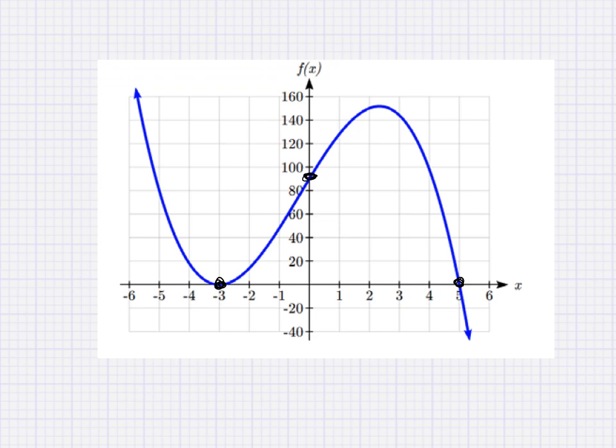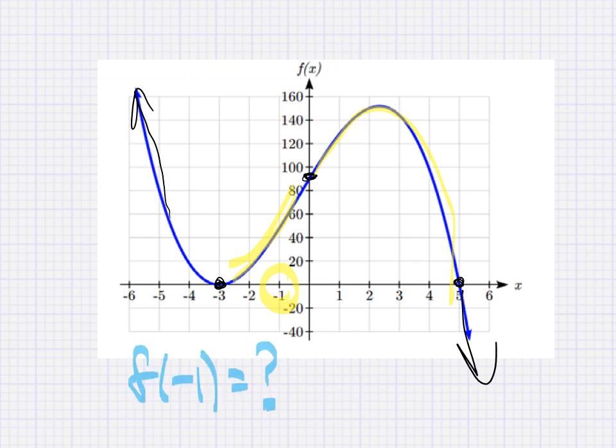So what I would typically say is I knew on this end I had to point up. I knew on this end I had to point down. But I really don't know what was going to happen in between. So I would have taken a checkpoint, say, maybe negative 1, and found f of negative 1 and figured out what the y value is for that.